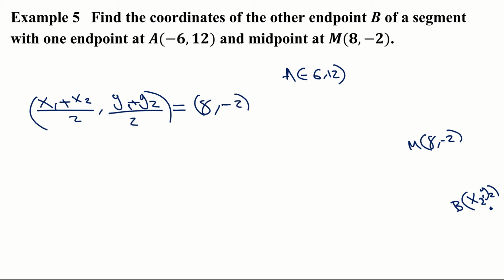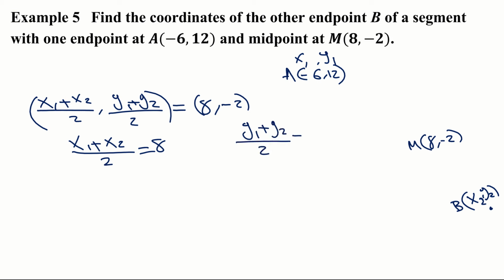Now, we do know what x1 is and what y1 is. Think of this as x1, y1, right? So this means x1 plus x2 over 2 equals 8, and y1 plus y2 over 2 equals -2, right?